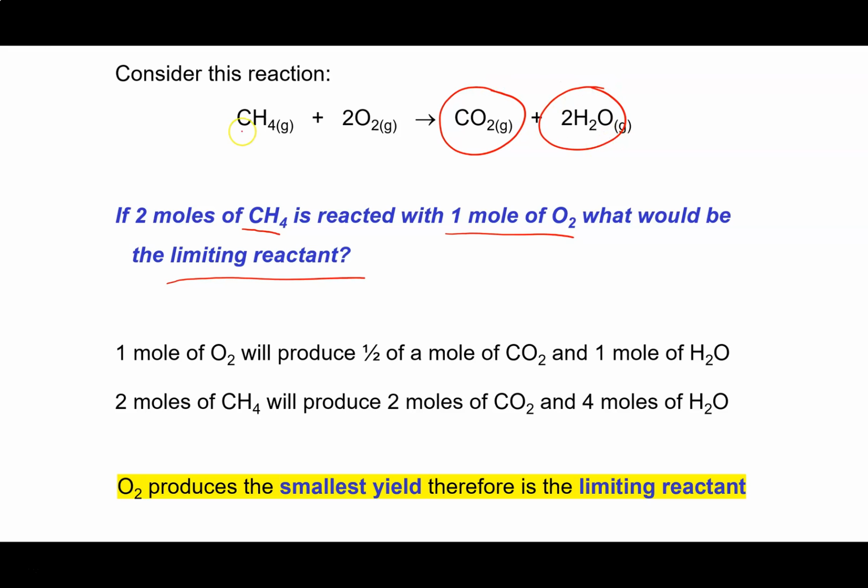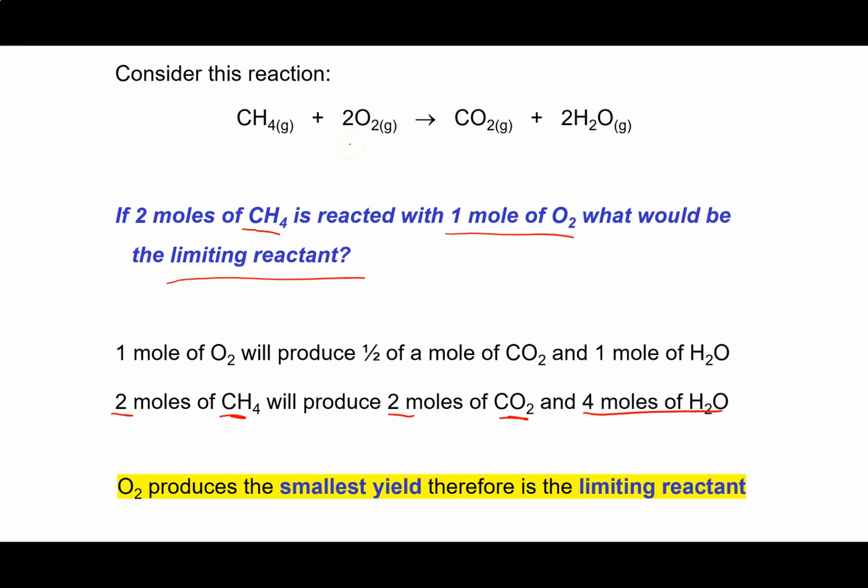And then you say, well, what would happen if all of the methane got turned into products? 100% of it, right? So 2 moles of methane would make me 2 moles of CO2, and then it would make me twice as much water, so it would make me 4 moles of water. Okay, so that's how much I would get if all of the methane could be used up.